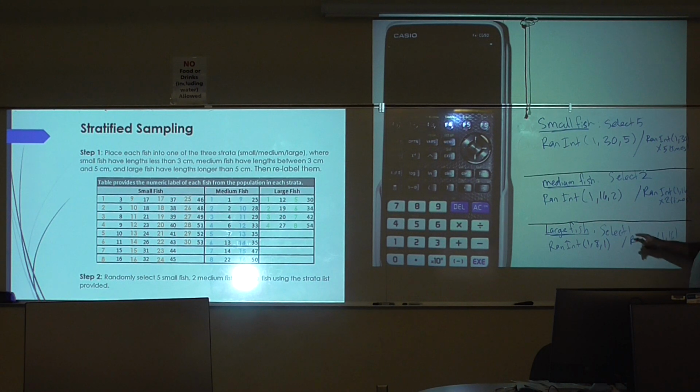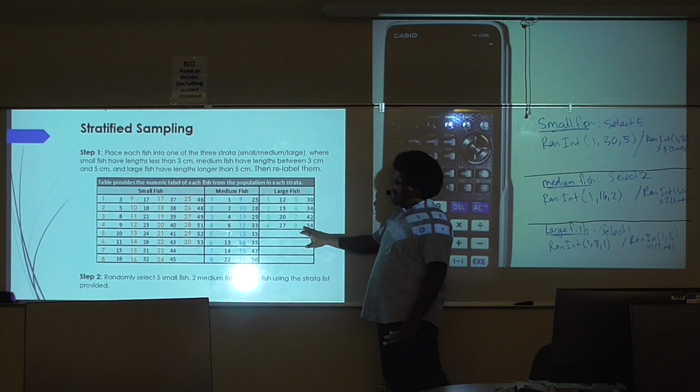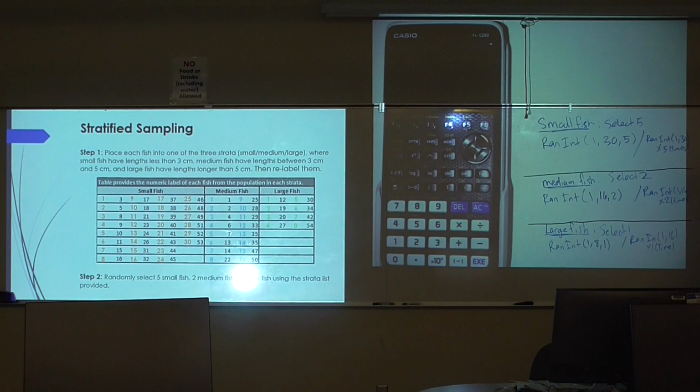And lastly, for the large fish, we're selecting 1. So I have randInt(1, 8, 1), because there was a total of 8 large fish. The last label I did for the large fish was 8, and I put 1 here.